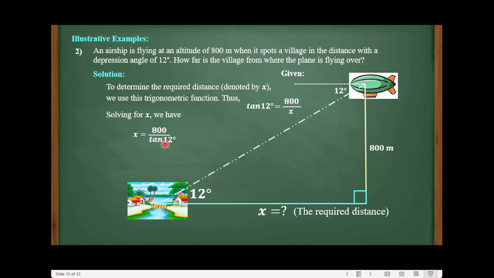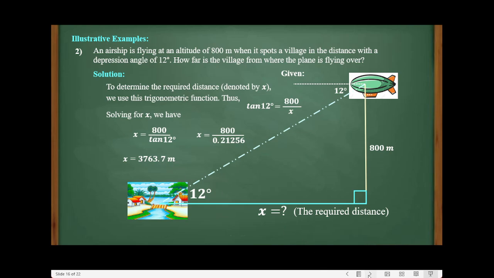And using your scientific calculator, look for the equivalent value of tangent 12 degrees, and that is what? 0.21256. And again, using your scientific calculator, divide 800 by this value, and you will have the value of x, which is equal to 3,763.7 meters.